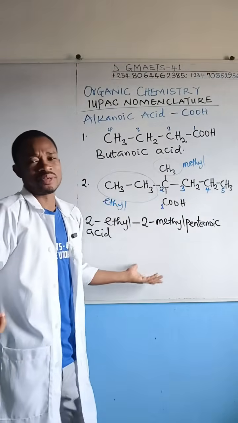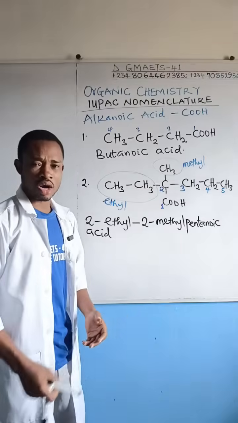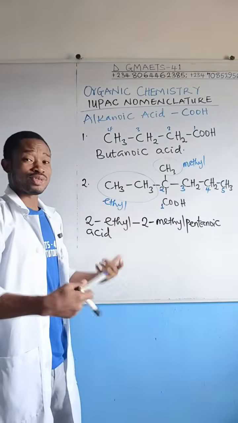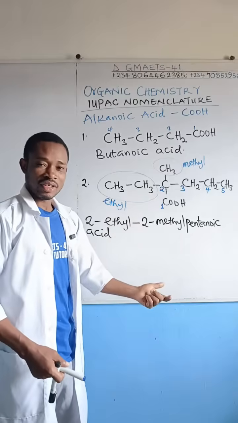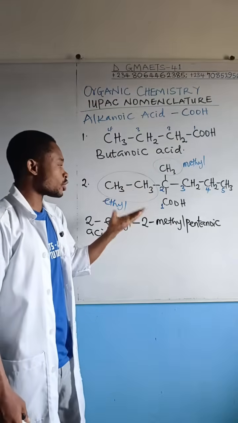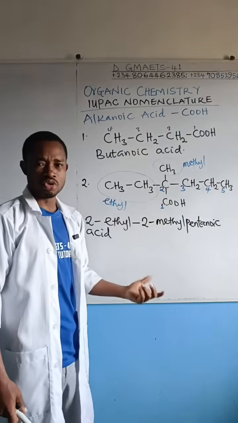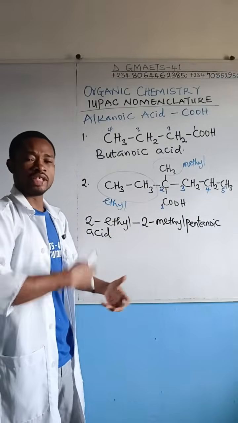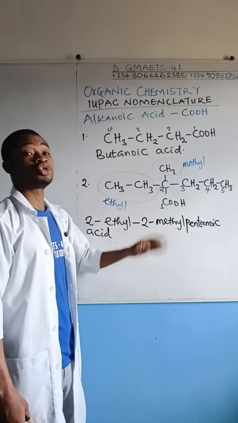So 2-ethyl methyl is wrong. And you cannot even say 2, 2 ethyl methyl. Someone may be thinking that because 2 of them are on carbon number 2, you can repeat the 2 together, 2, 2, then ethyl methyl. You can't do that for this structure.